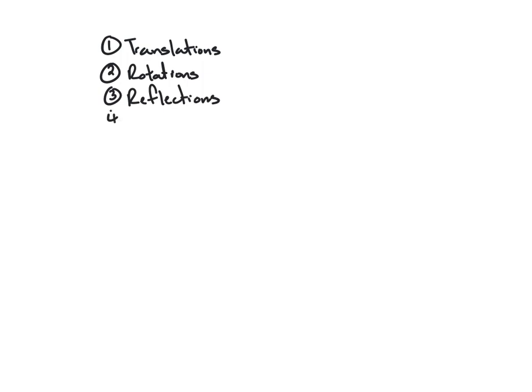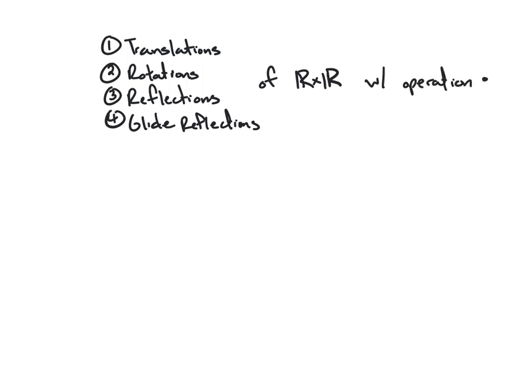So we established that if we take the set of all translations, rotations, reflections, and glide reflections of the plane with the product operation that we've talked about, that is a group, okay?